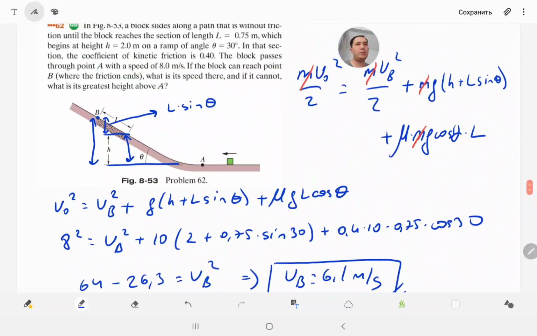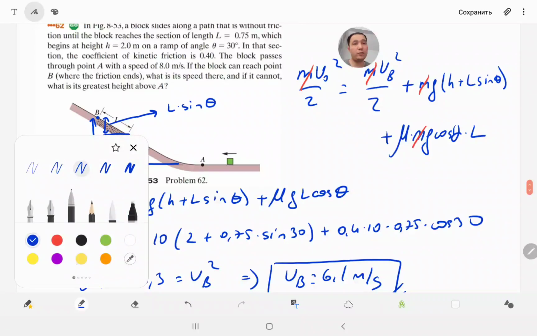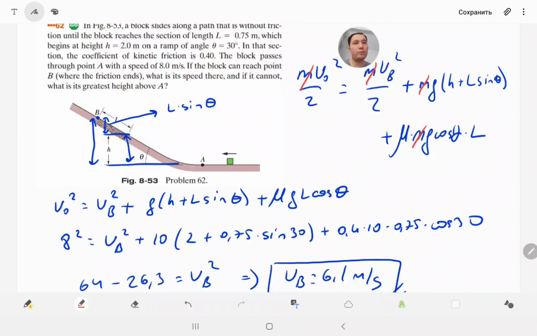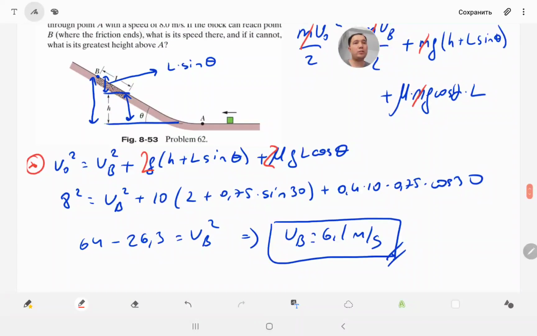Yes, I think. No, we made one small mistake. Sorry. At this point, we multiplied both sides by 2. So here we have a 2, here we have a 2. We need to multiply. So this point is not 26.3. Basically, it should be 2 times more, so 52. 64 minus 52.